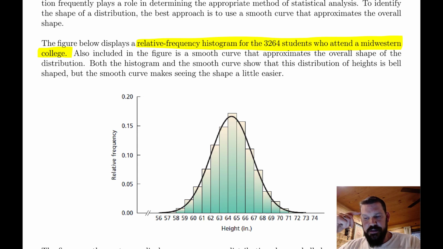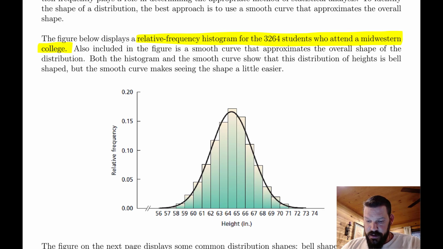This provides us with some general ideas about the heights and how they're distributed, and later on we're going to start looking at the mathematical implications of this and how we can compute these curves. But you can clearly see how that curve does fit the histogram that's provided.